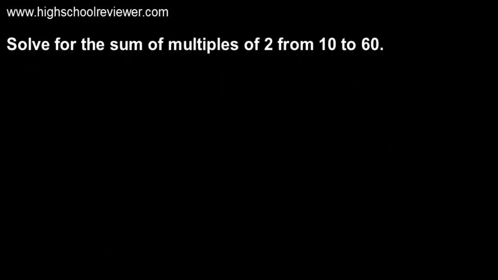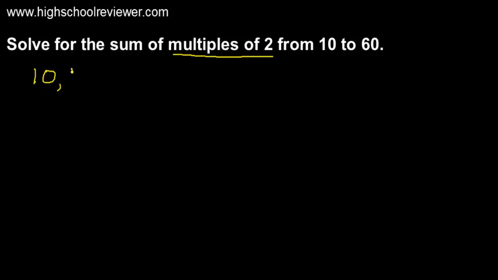Solve for the sum of multiples of positive 2 from positive 10 to positive 60. Basing from the given, our first term will be positive 10. Since all the terms are multiples of 2, all the numbers here will be divisible by 2.